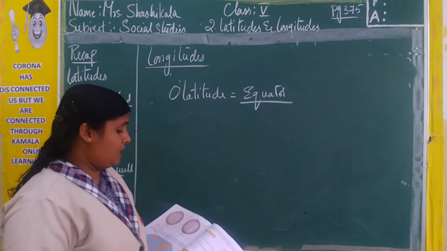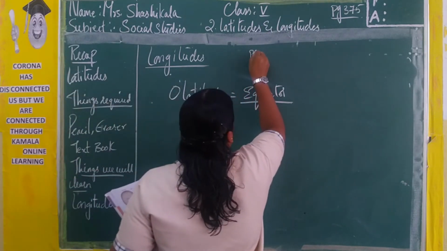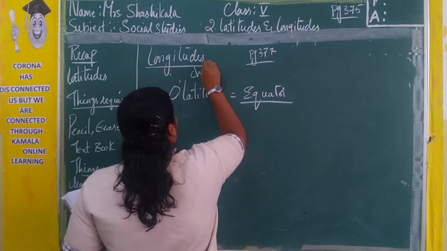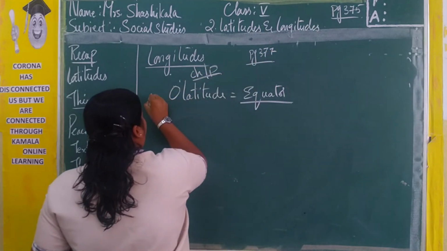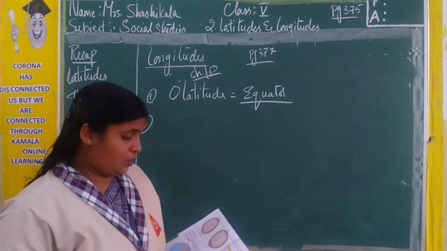Right, madam? Now next, page 377 checkpoint. 0 degree latitude is equator.